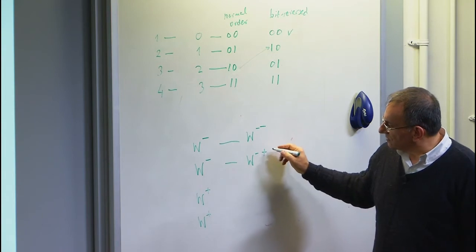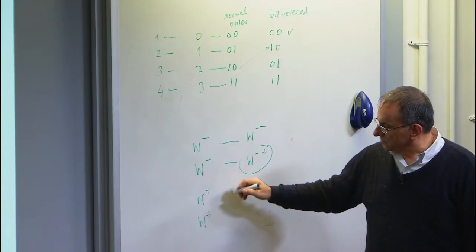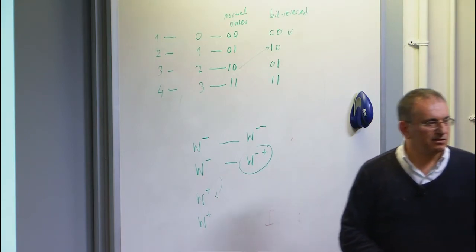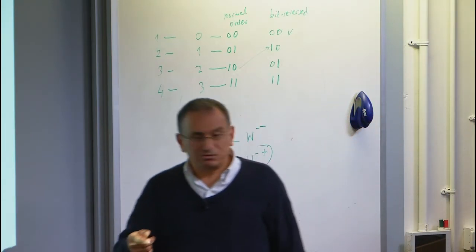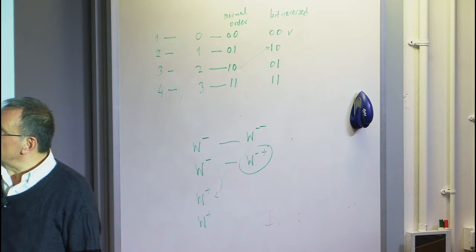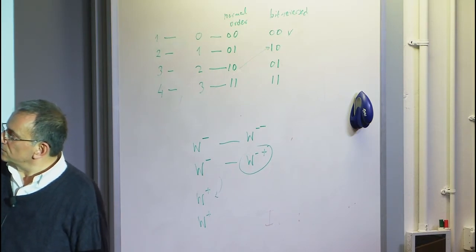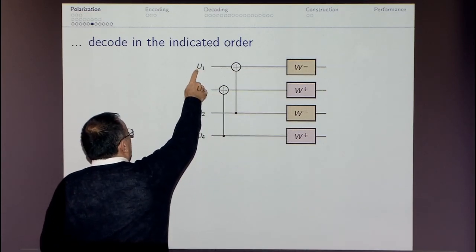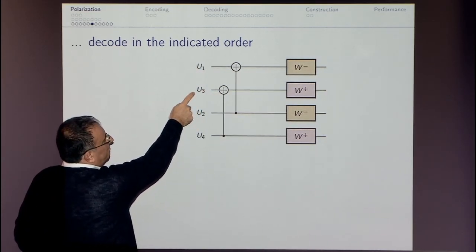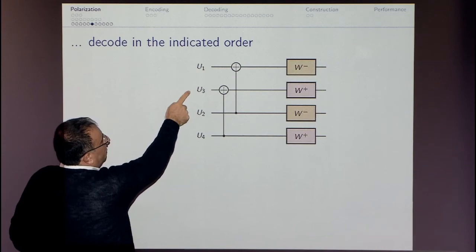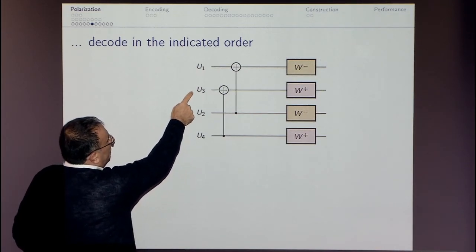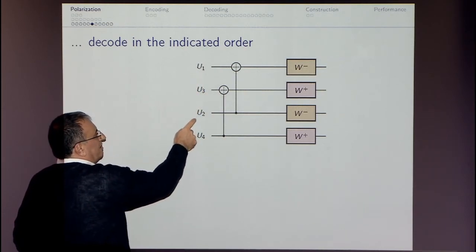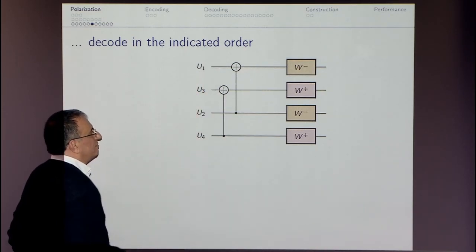Only after you decode the second one will this one appear as W plus. So unless you decode this U2, you are saying U1 and then this one, right? Okay, so what is this channel that you are seeing in the presence of only U1 and not U2?